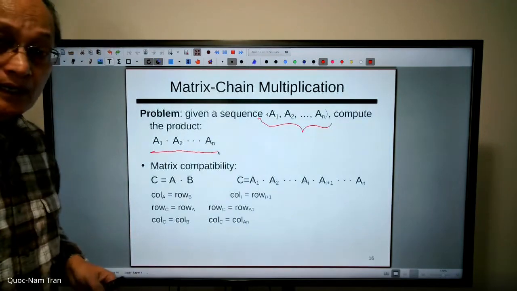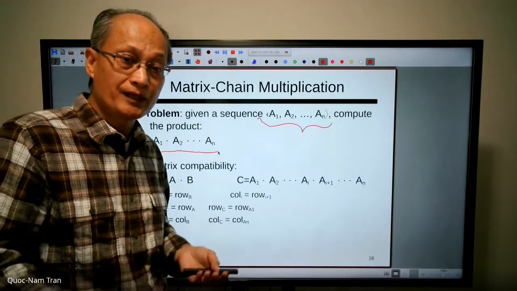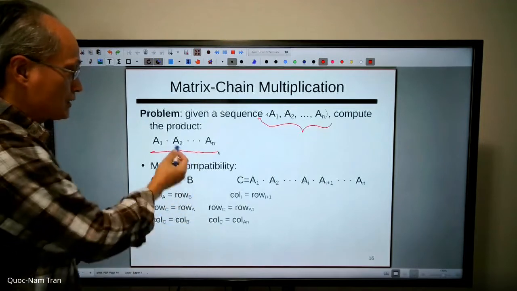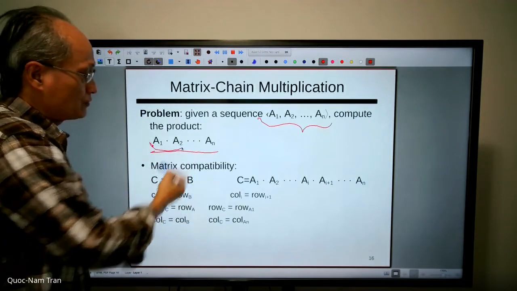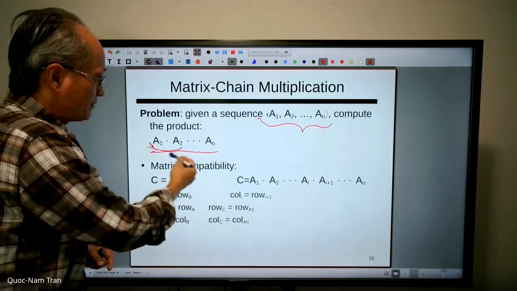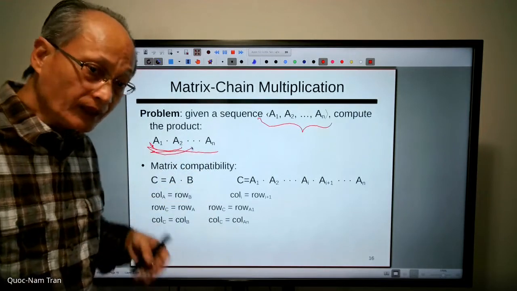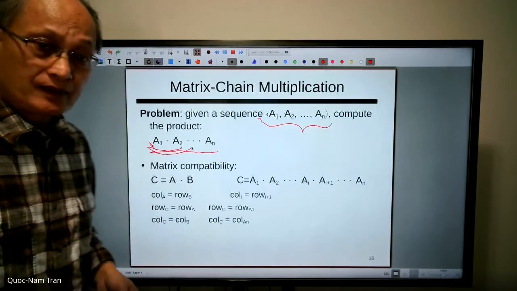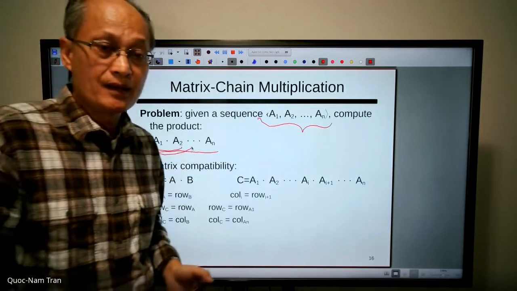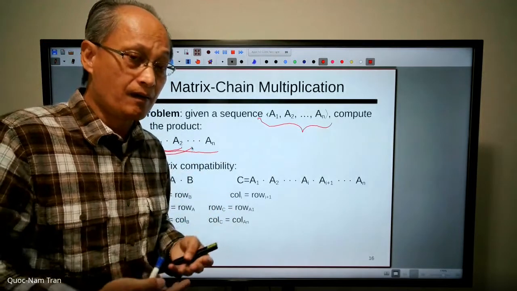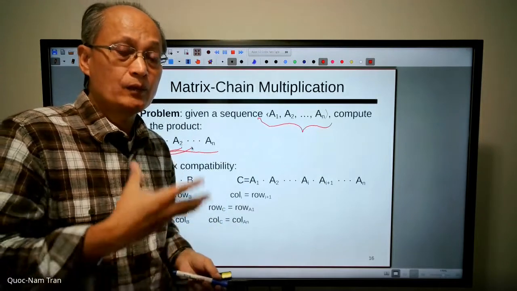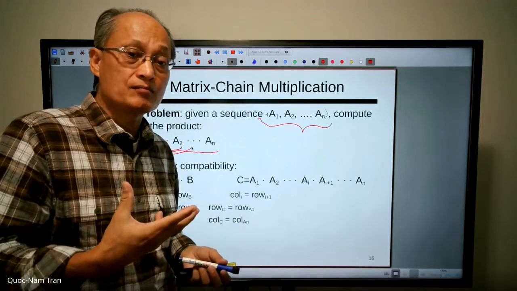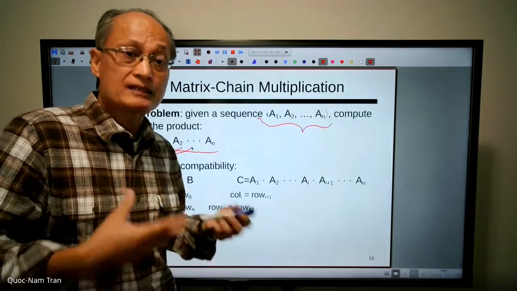As we know, matrix multiplication has the associative property. It means that it doesn't matter which one you multiply first. You can multiply these two first and then multiply with the rest next, etc. The final results are always the same. However, the way we multiply them will take different amounts of time, meaning that if we choose the wrong order to multiply the matrices, then the program will take much longer, sometimes 1,000 times slower.